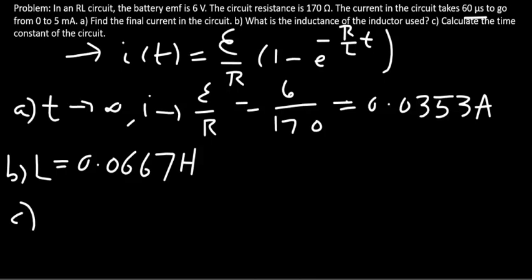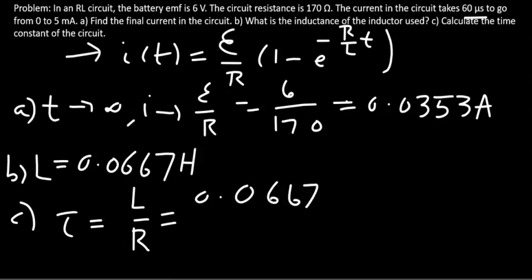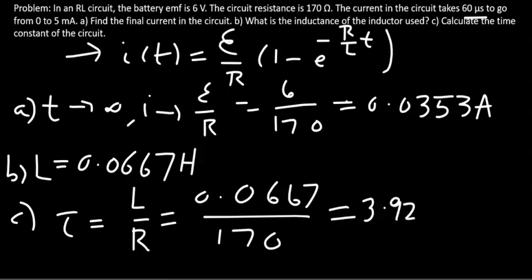Now part C, calculate the time constant. So time constant is given by inductance over resistance. Inductance is 0.0667 from part B. Resistance is given, 170 ohms, and that's going to give you an answer in seconds. When you do the calculation, you get the time constant to be 3.92 times 10 to the power minus 4 seconds, and that solves the problem.